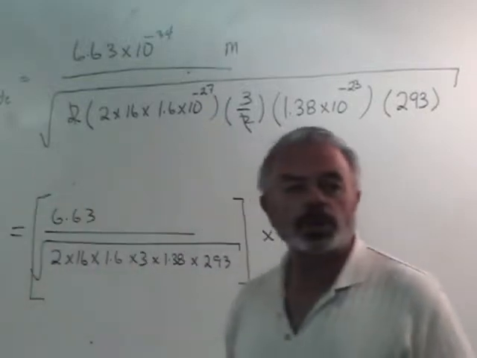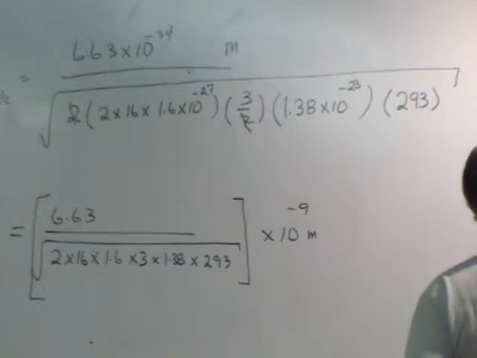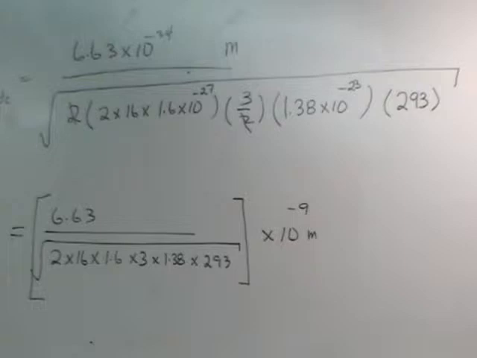Yes. 0.026, times 10 what? Minus 9, which is 9, 10, 11, so we get 2.6 times 10 to the minus 11 meters.